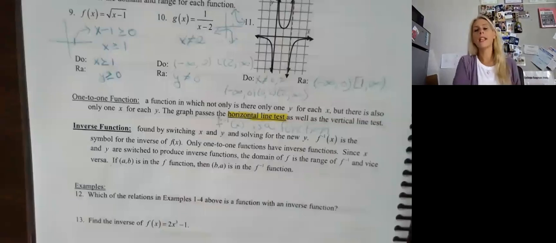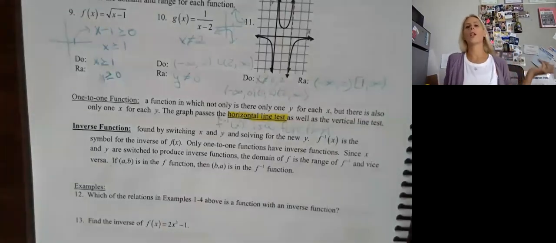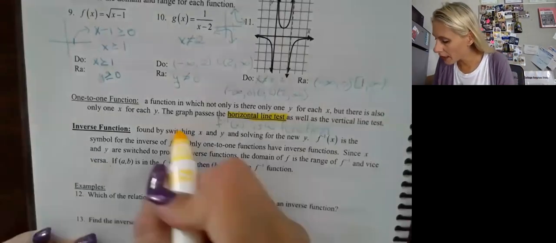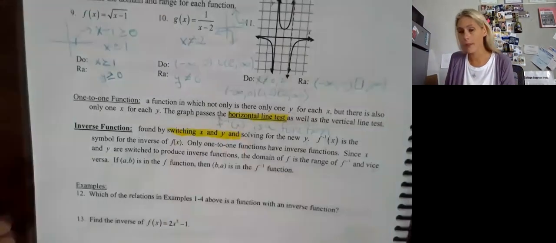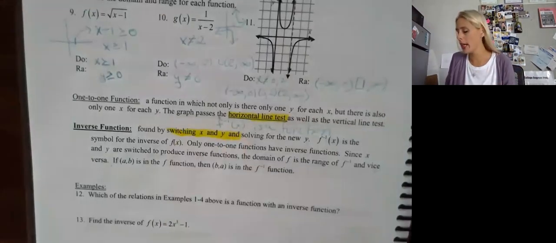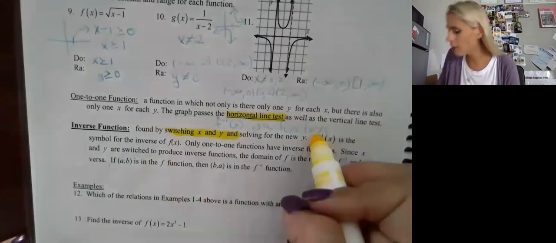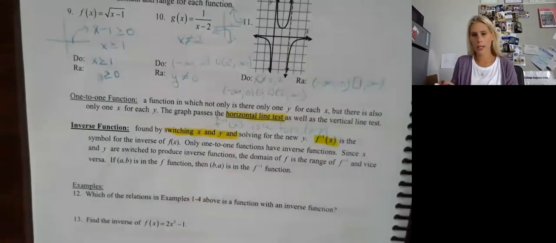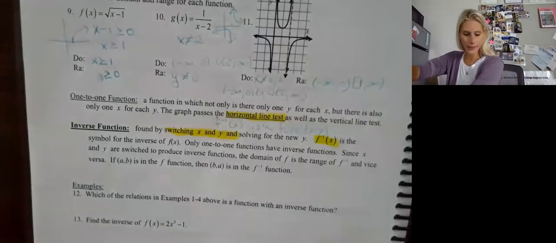Now, the inverse, if we were to solve for the inverse algebraically, we do that just by switching x and y and then solving. We need to remember, though, to change y to f to the -1 of x, okay? That is the inverse.